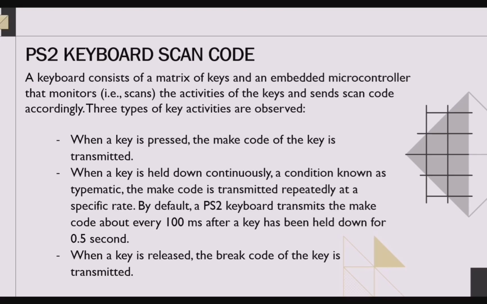Then when a key is held down continuously, a condition known as typematic, the make code is transmitted repeatedly at a specific rate. By default, a PS2 keyboard transmits the make code about 100 milliseconds after a key has been held down for 0.5 seconds. When a key is released, the break code of the key is transmitted.